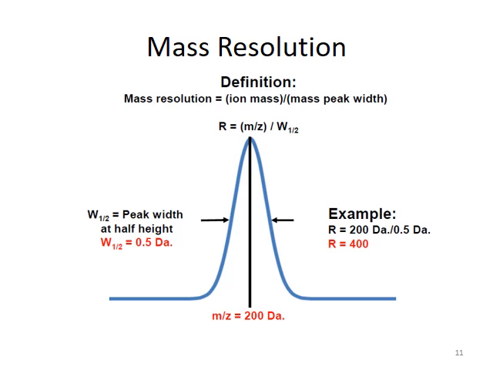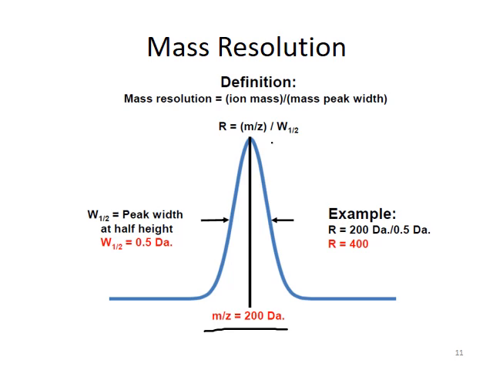Other than mass accuracy, mass resolution is another key parameter that tells a lot about the performance of QTOF. Mass resolution is the ion mass divided by mass peak width. As you could see from this graph, for this peak of m/z equal to 200 Dalton, its peak width is actually the peak width at half height.